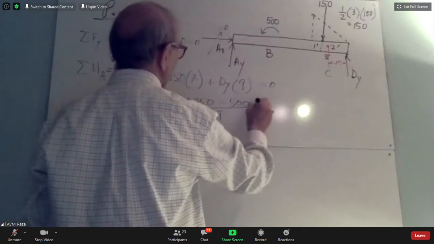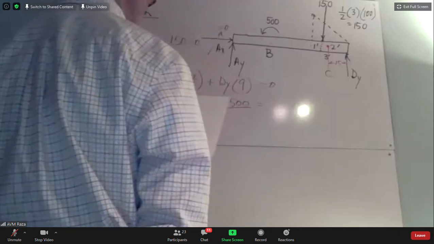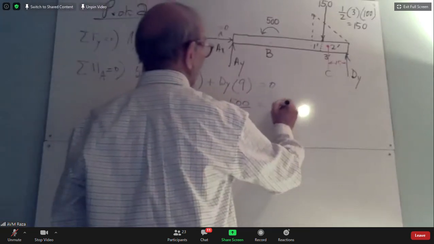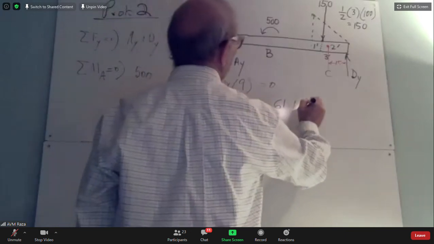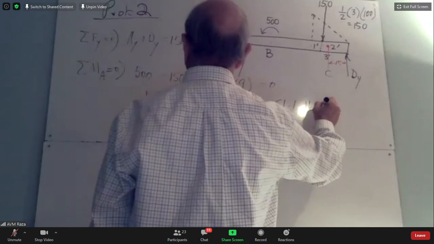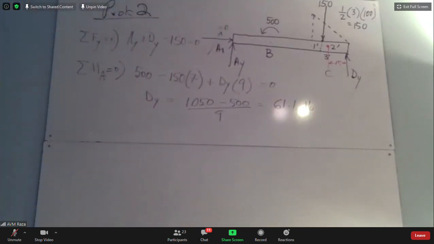How much does that come out to? 550 over 9, and this comes out to 61.1 pounds. This is the force. All right, everybody good?